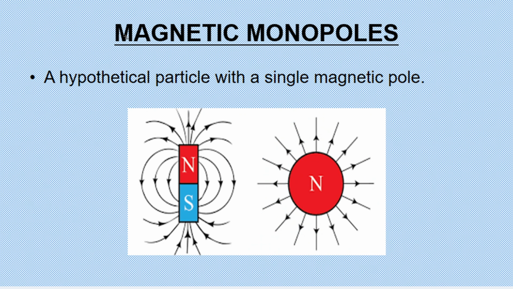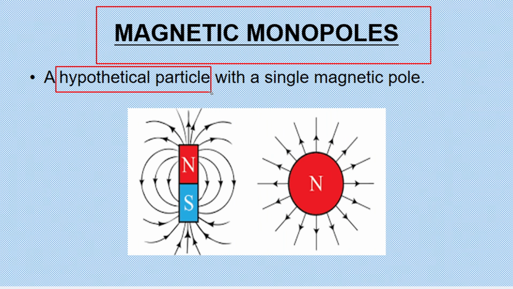Now, moving towards the term magnetic monopole. Magnetic monopole is basically a hypothetical particle with a single magnetic pole. Emphasizing the term hypothetical particle, it means it is an imaginary particle that does not exist in nature.